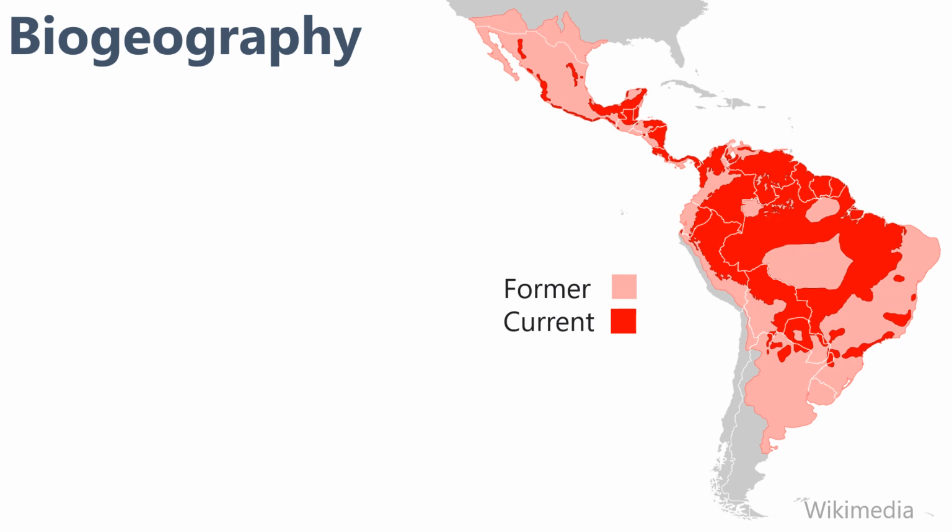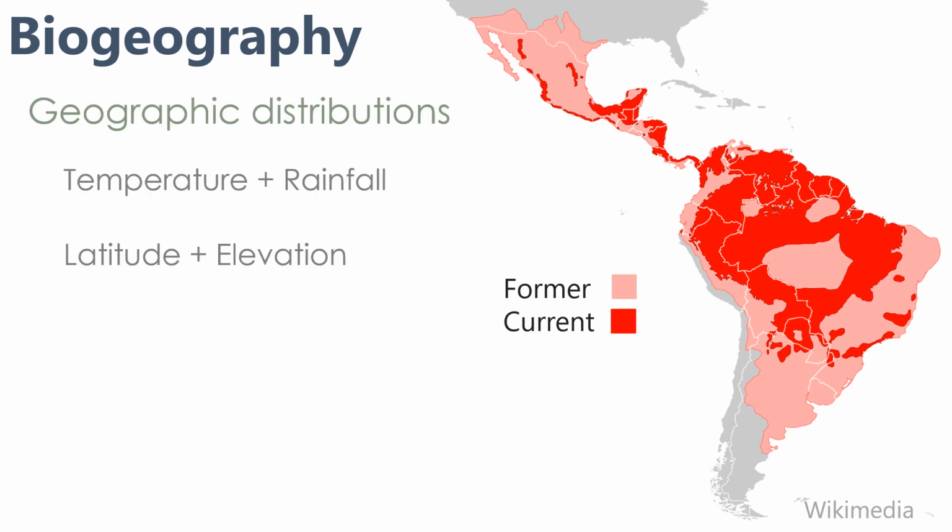When we start to see these differences, we start to think, okay, what are the abiotic factors that would be governing this? One of the big ones are going to be temperature and rainfall, or precipitation. And that's going to set some very distinct biomes. We're going to see that these change across both latitude and elevation as well, as you move away from the poles or you move up into the atmosphere with elevation.